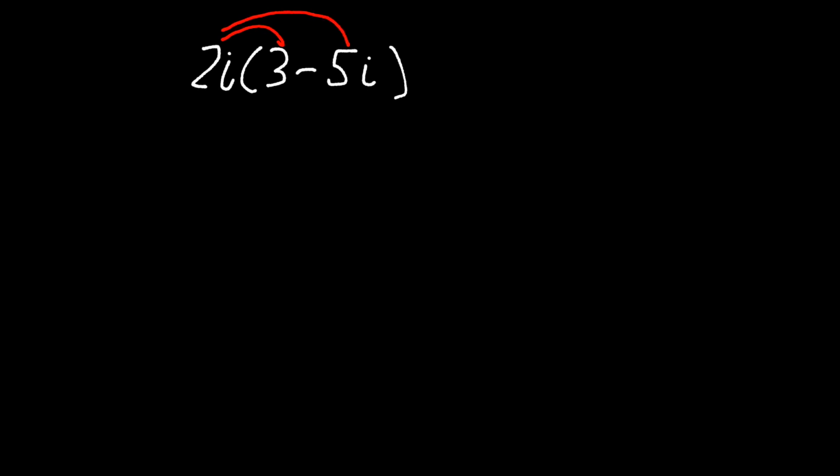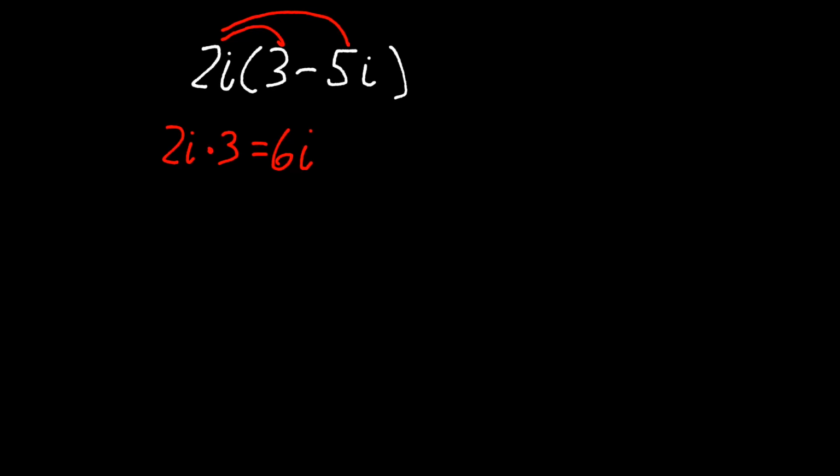So I have 2i times 3 to start off with. You can multiply the 2 with the 3 to get 6, and then the i comes with it. So 2i times 3 becomes 6i. Now we're going to multiply 2i times negative 5i.